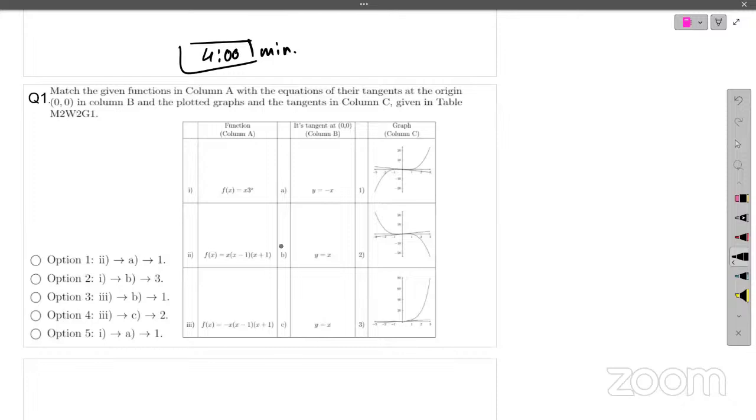Please answer in the chat box. So the time is up to 8:17.